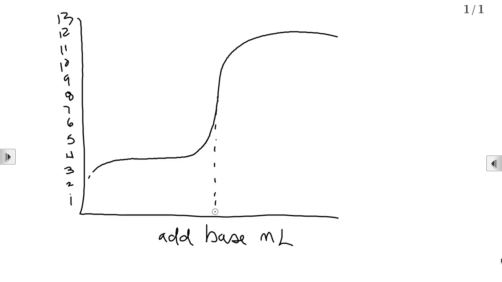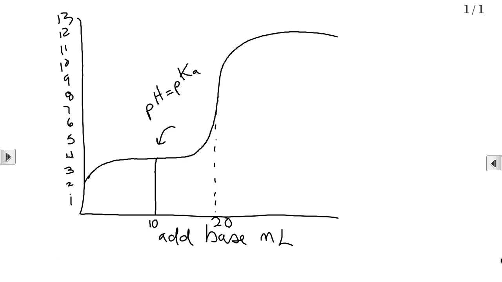So if this was 20 milliliters, then right here at 10 milliliters, do you remember I told you that at half the equivalence point, pH equals pKa? You did all this already, and you were okay with it. So right here, pH equals pKa.